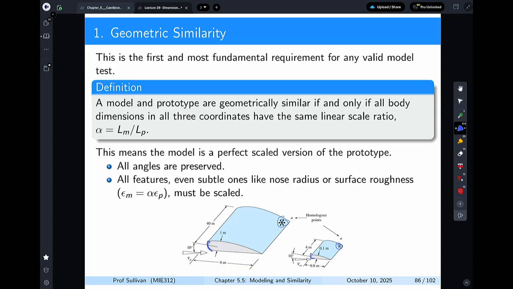All features, even subtle ones, like nose radius and surface roughness, have to be scaled. So if I have a golf ball and I want to blow it up by a factor of 10, the dimples have to be increased by a factor of 10.